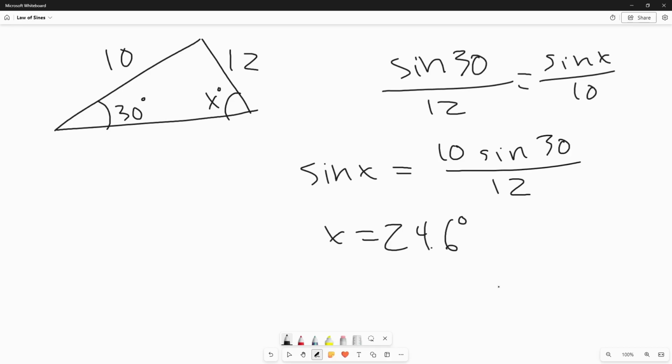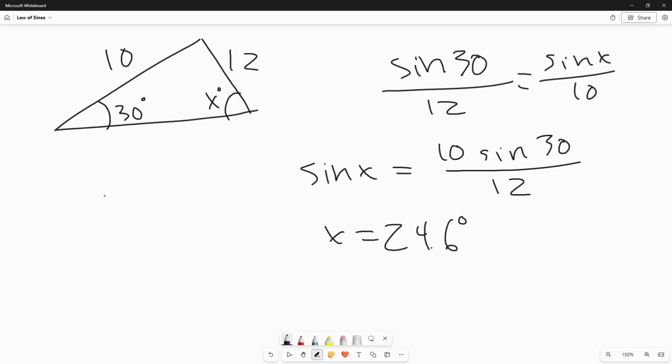However, there are two answers, but it looks like we only got one. But that is because the arcsine function only outputs one value. And if you learn about the unit circle or how angles work, then you know that there are two possible values.